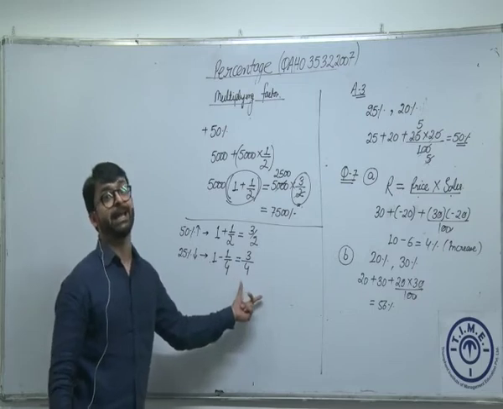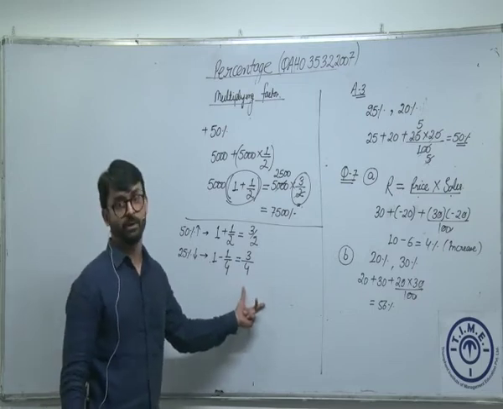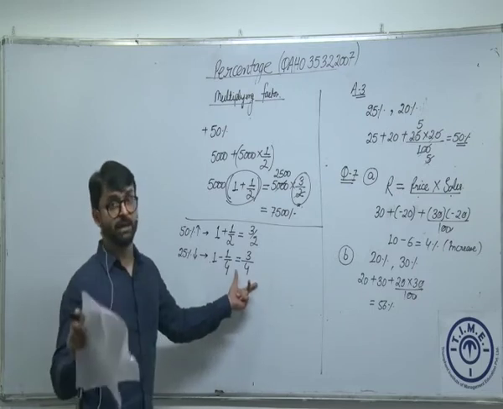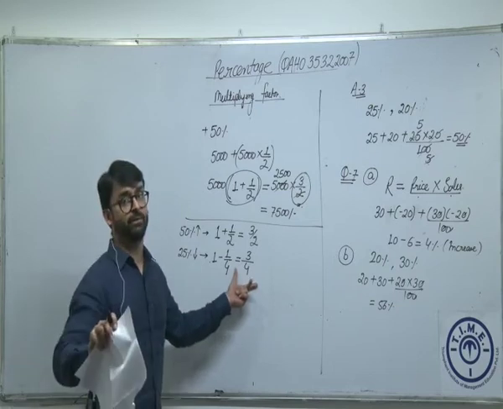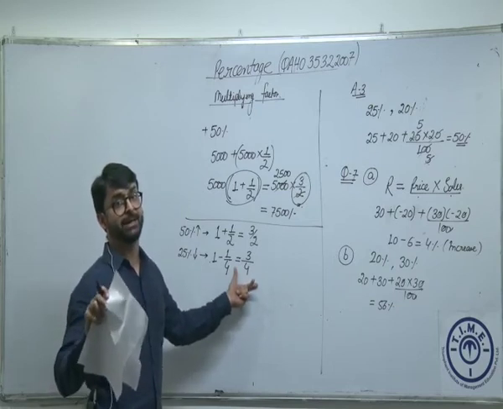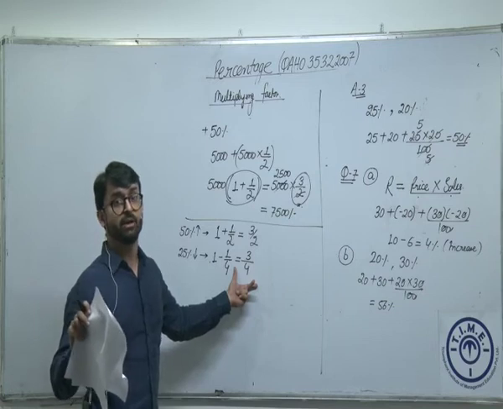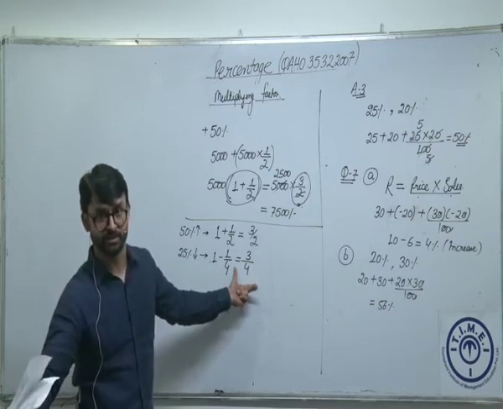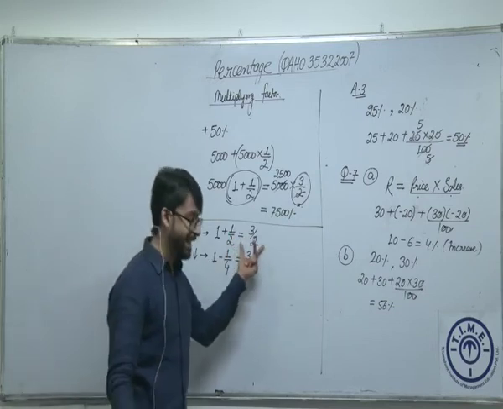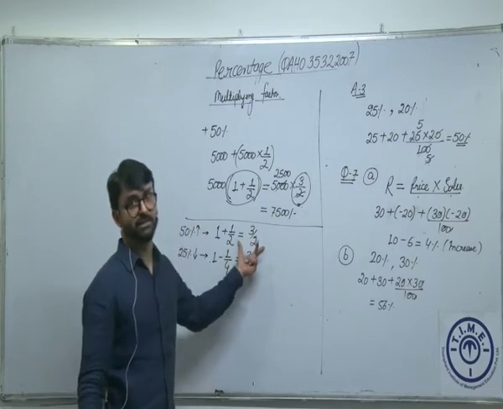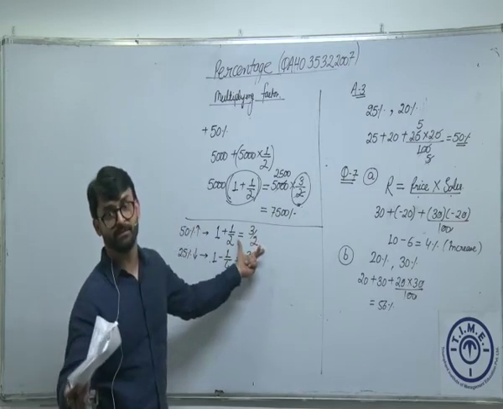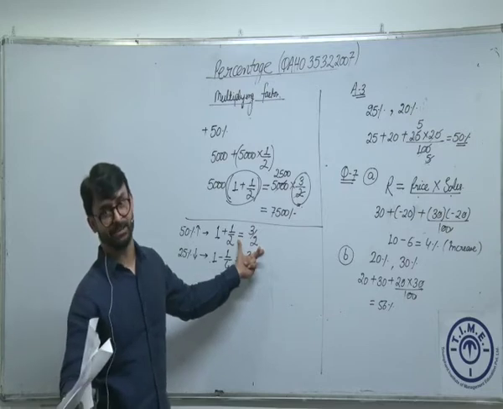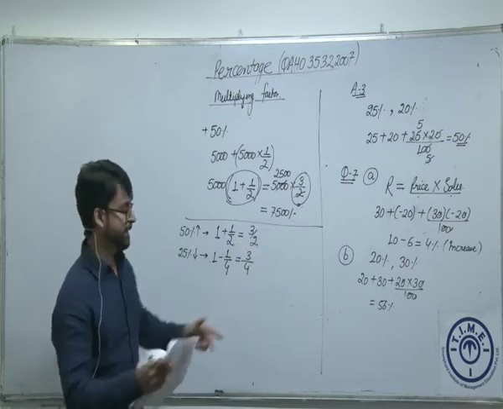If you multiply any number by 3/4, I'll repeat it. If you multiply any number by 3/4, that will automatically result in what? 25% of reduction. Is that okay? If you multiply any number by 3/2, that will result in 50% of increase in the number. I hope this is making sense.